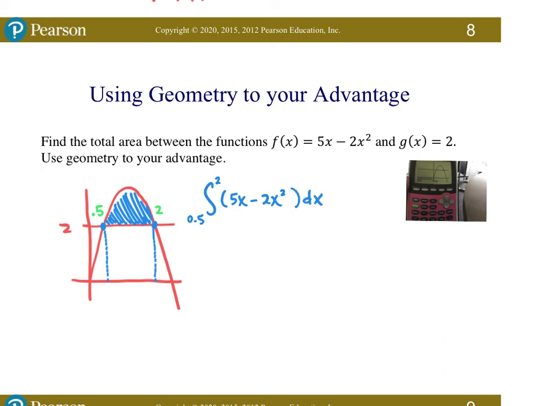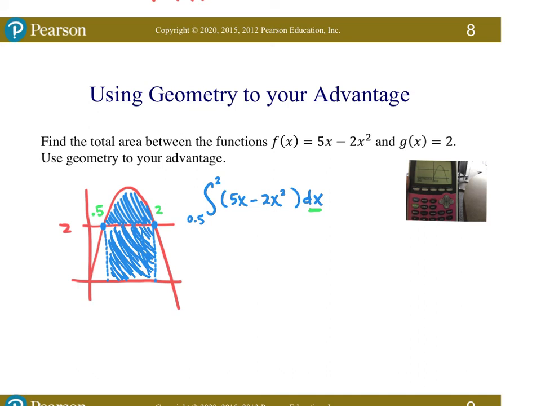And I don't need absolute values because it's all above the x-axis. But that integral alone is going to give me all the area down to the x-axis. So all of that value will be included because I said dx, which meant go all the way down to the x-axis. So I will find this value.